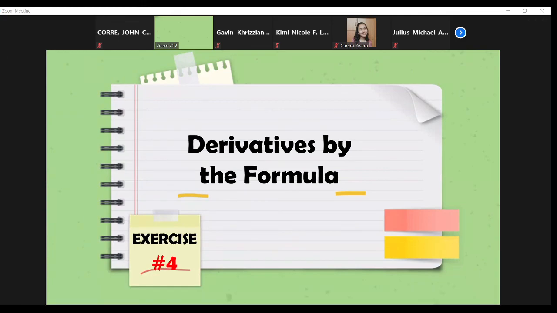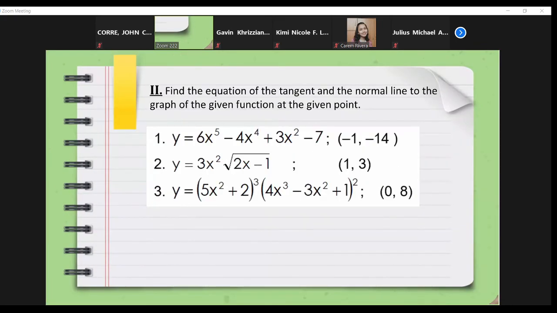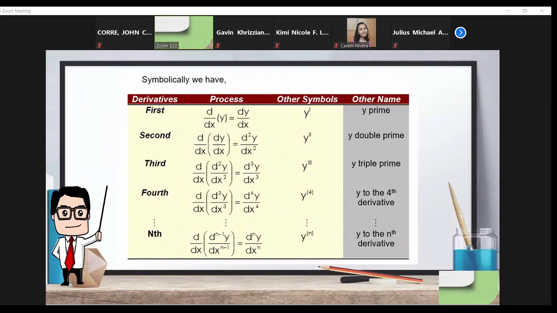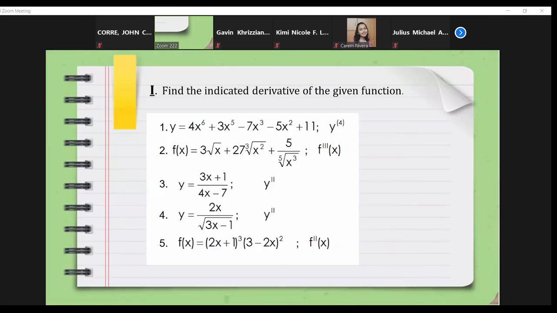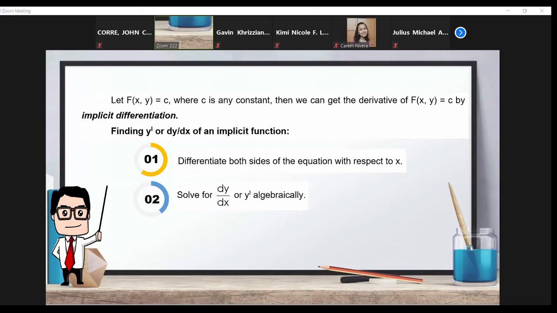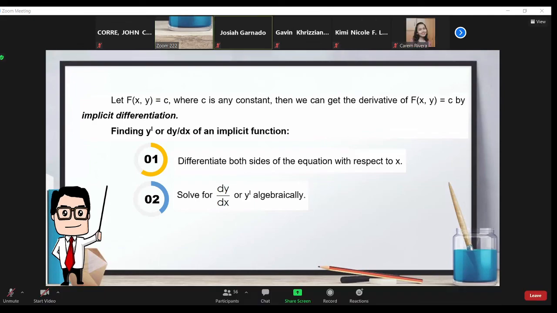Okay, ito yun. Exercise number 4, so hindi ko pa nailagay yan. At yung higher derivative. Okay, exercise number 5, ito. Okay, guys. So, implicit differentiation, wag muna tayo magbigay ng exam. Ng practice exercise dyan. Ito muna yung 4 at saka 5. Okay? Hello guys. Okay na ba? Yes, sir. Yes, po, sir. Yes, sir. Okay.